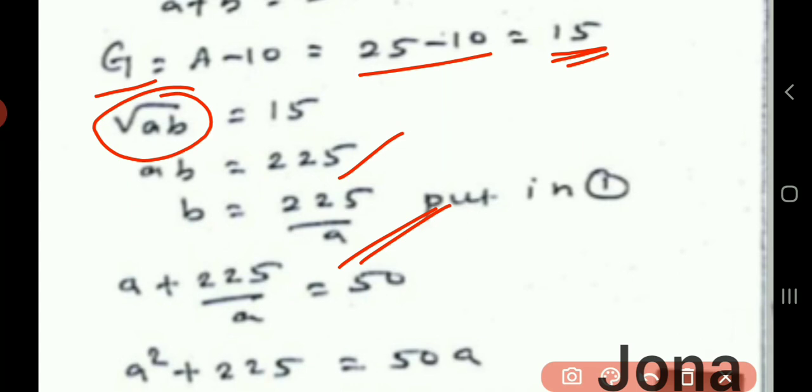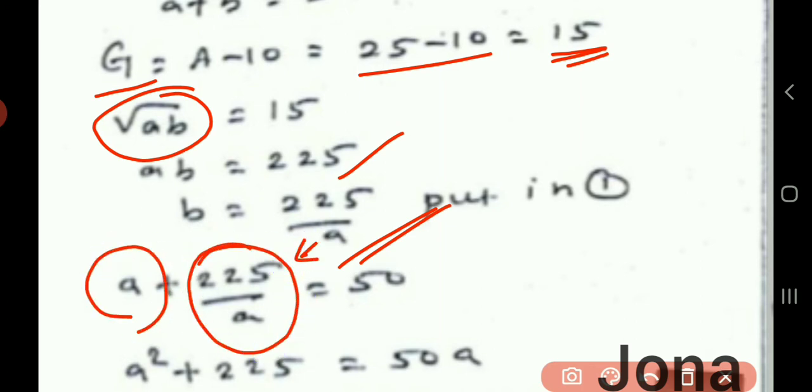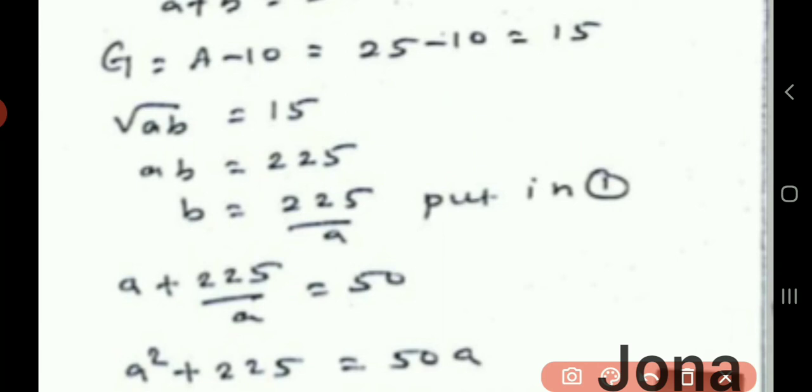So I can substitute in equation 1. That first equation is a plus b equal to 50, isn't it? So a plus 225 by a equal to 50. Now we can take the LCM on the left hand side, so it becomes a square plus 225 equal to 50a.